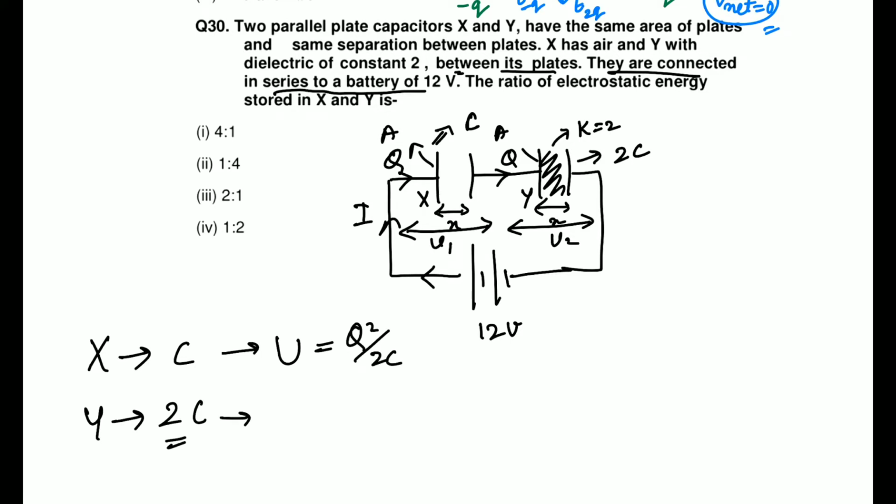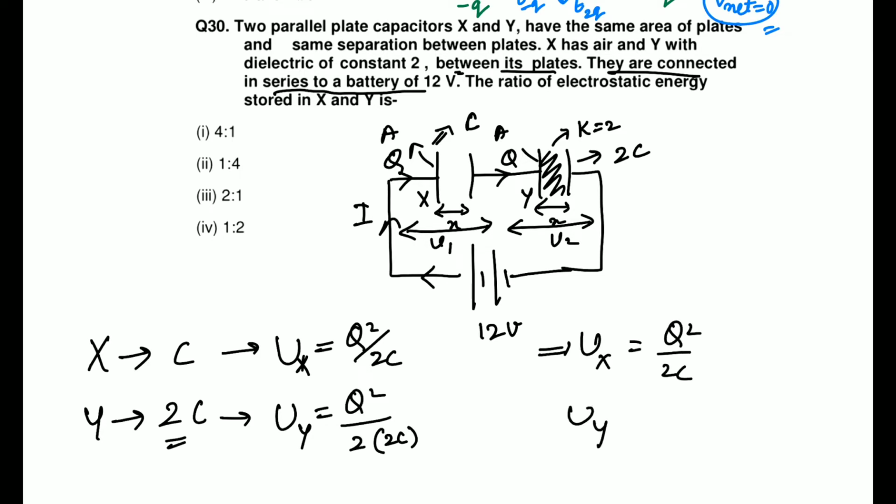Very similarly, for Y, the potential energy will be Q square by 2 times 2C. So U for X is Q square by 2C, and U for Y is Q square by 4C. Is that a yes or no?